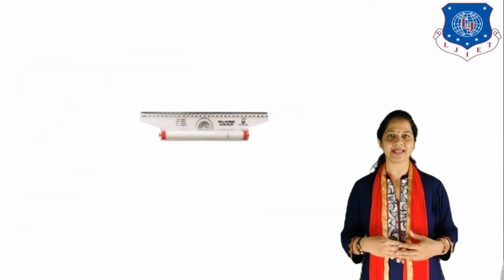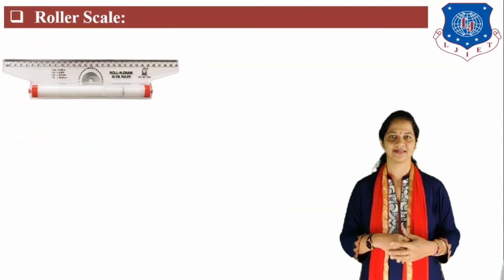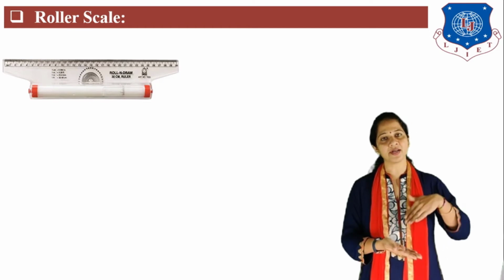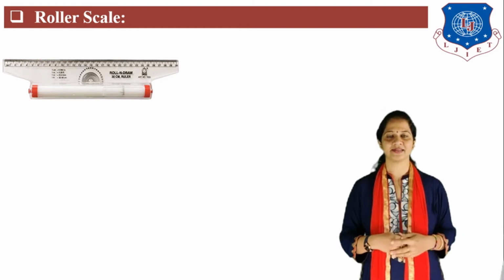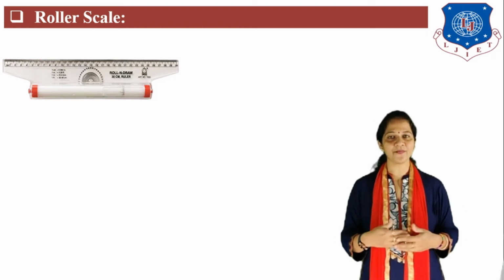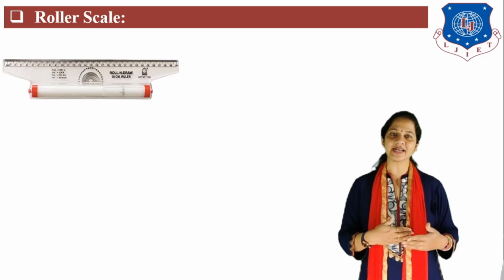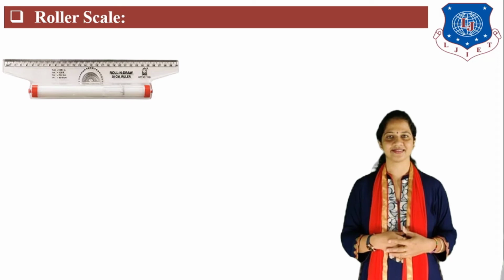Next instrument is roller scale. It has a roller in it for smooth movement. It is used to draw vertical, horizontal or inclined parallel lines.